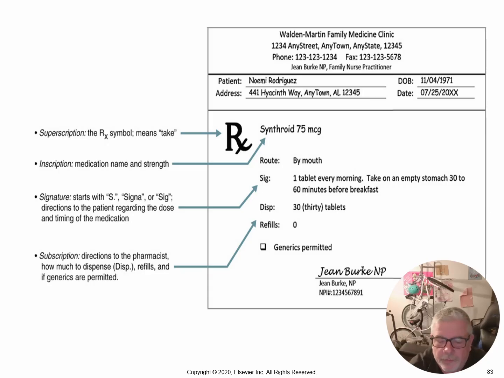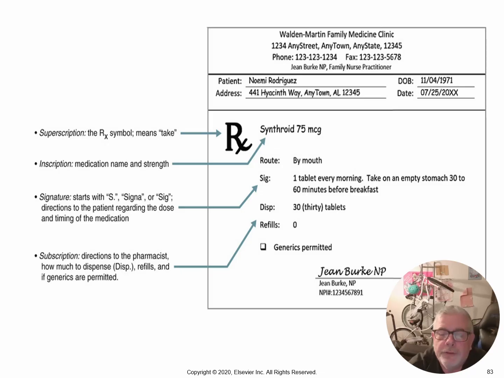So instead of maybe 10 Percocets, they tried to write themselves 110 Percocets. It's been known to happen. So at the bottom where it says dispense, they kind of fixed that. After the number 30, they put the word thirty, and refills 0. And again, I don't think I would write 0, because it's very easy to put a 1 in front of that and make it into a 10.